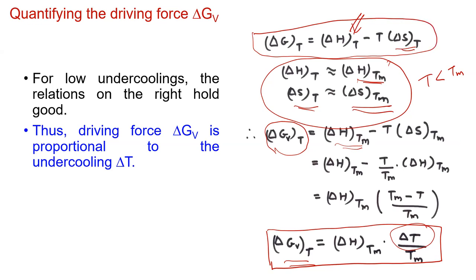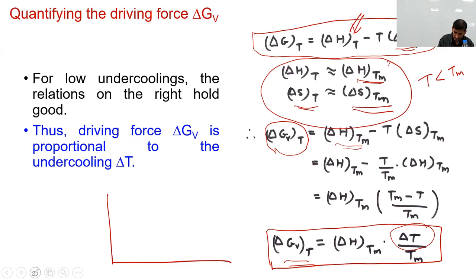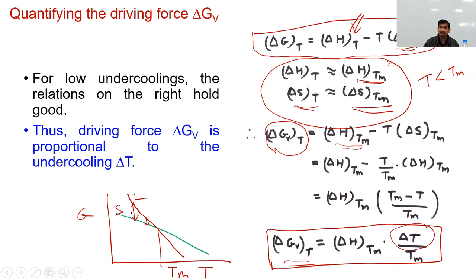So here is a nice handy thing. I'll just draw, to make the story complete. Here's what we had seen, and we had another equation. This is free energy, and this is temperature. This is the melting point. This is solid, and this is liquid. As we start going below the melting point, from the graph itself we can see that the driving force increases, and that is nicely confirmed by the equation on the right.